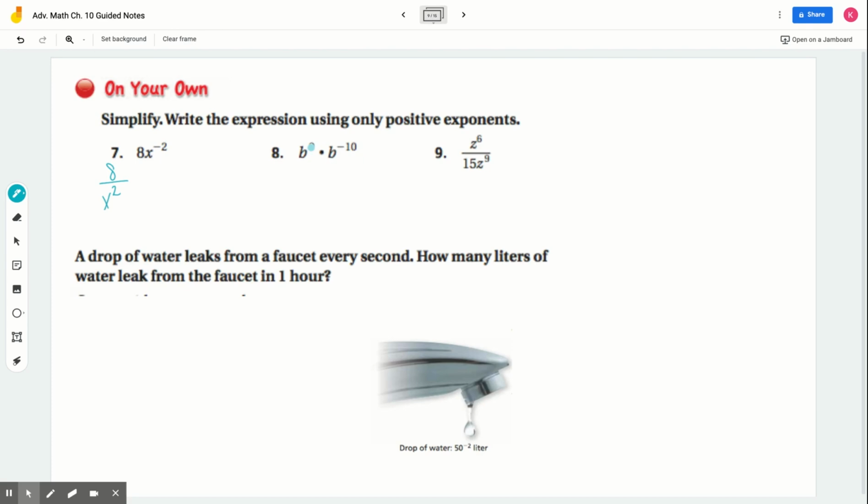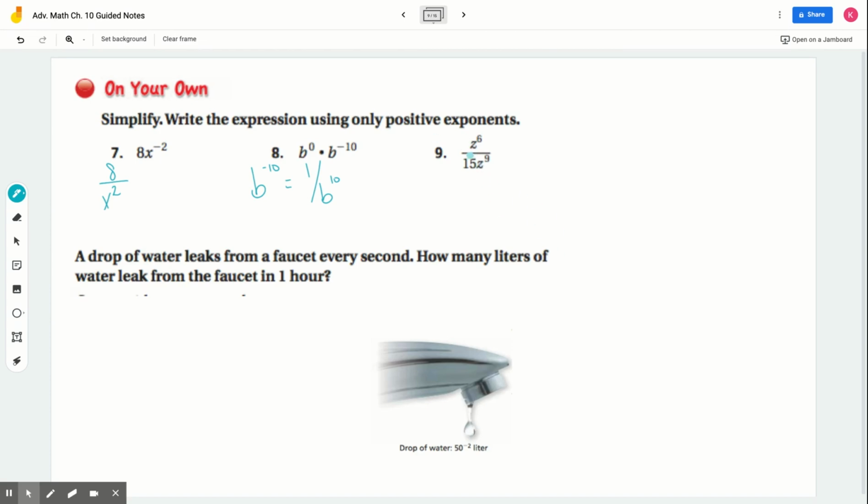Here again, add the exponents. 0 and negative 10 makes negative 10. So b to the negative 10th power can be written as 1 over b to the 10th power. Remember, moving that power to the opposite side of the fraction bar, changing that exponent to a positive.